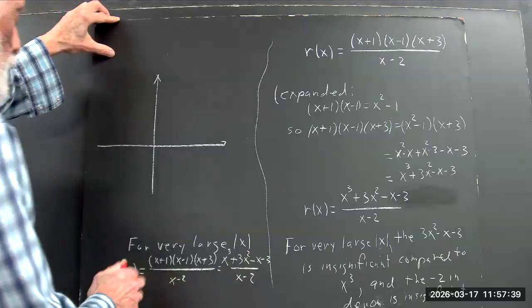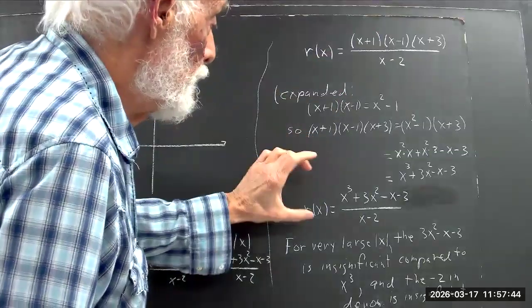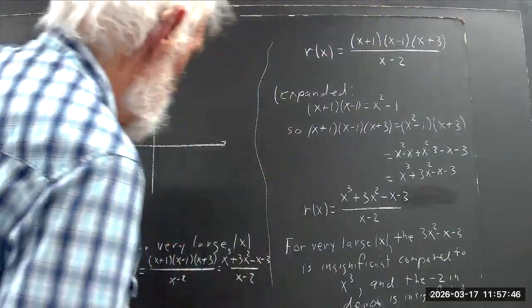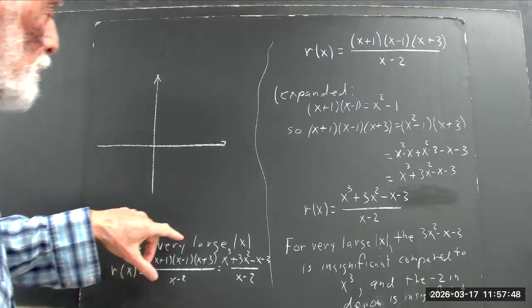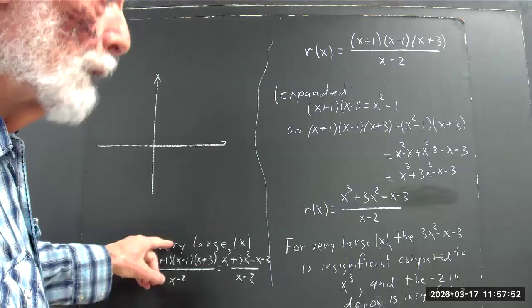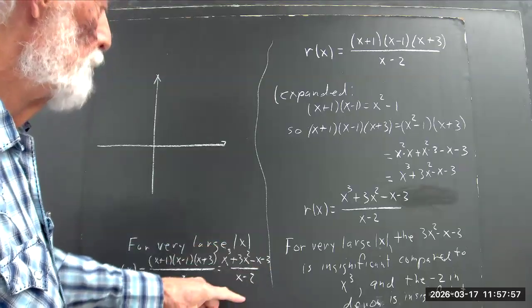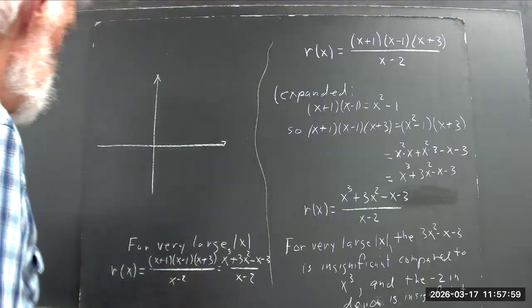Okay, for very large x, this function, which is the original function but is equal to the function we have here. In other words, r of x is x plus 1 times x minus 1 times x plus 3 over x minus 2. If we expand that, it's x cubed plus 3x squared minus x minus 3 all over x minus 2.